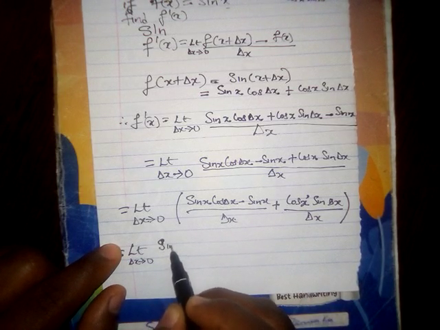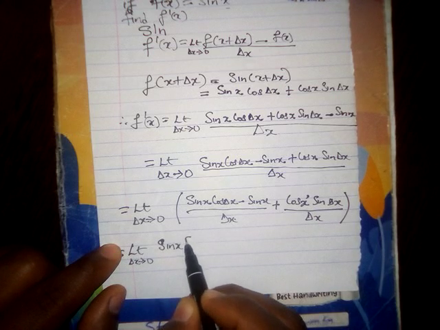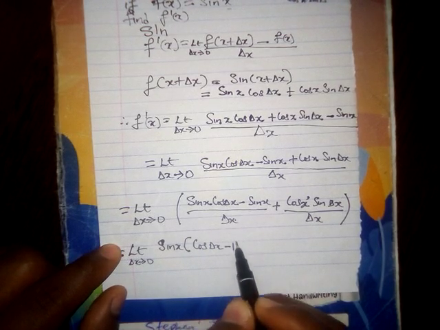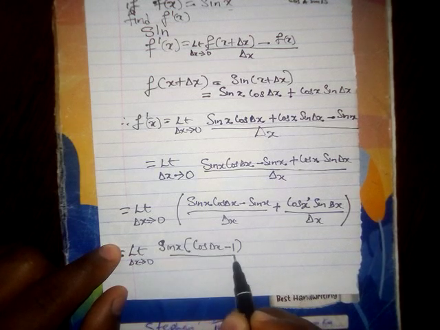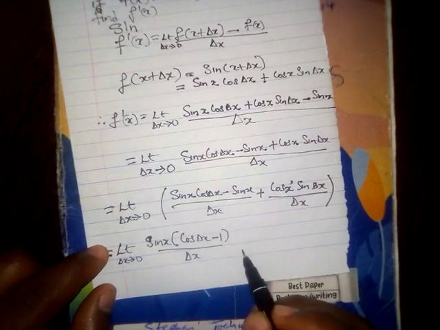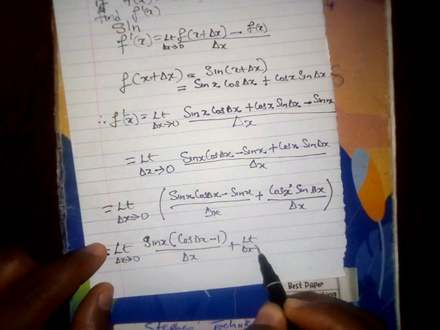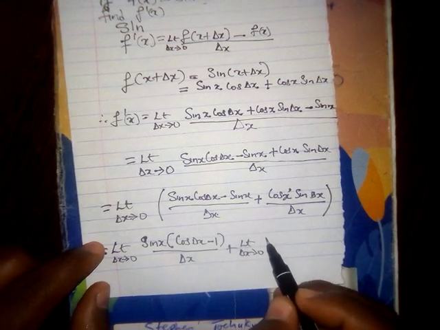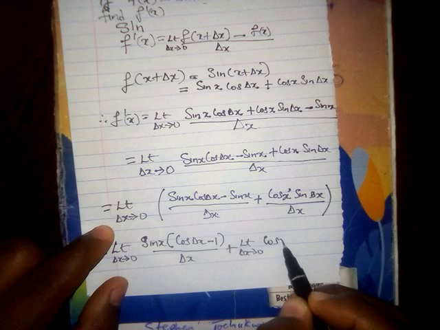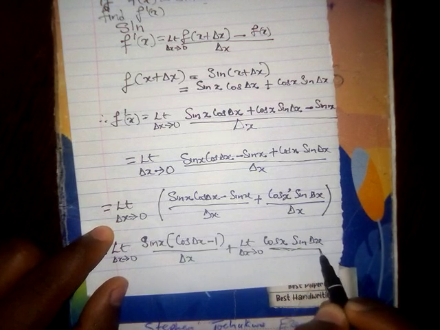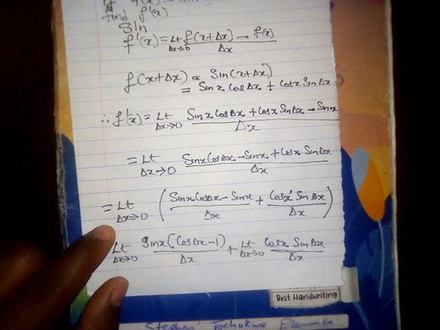Let me factorize this one as sine x: cos change in x minus 1 all over change in x, plus the limit as change in x approaches 0 of cos x sine change in x all over change in x.